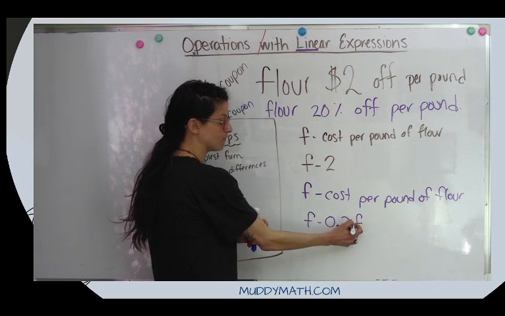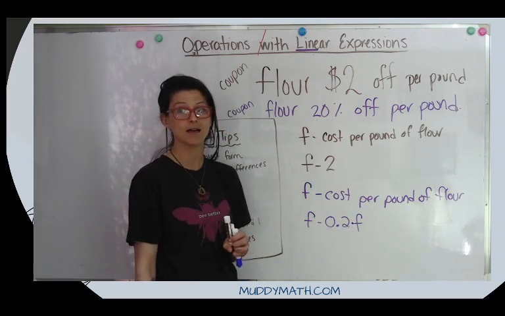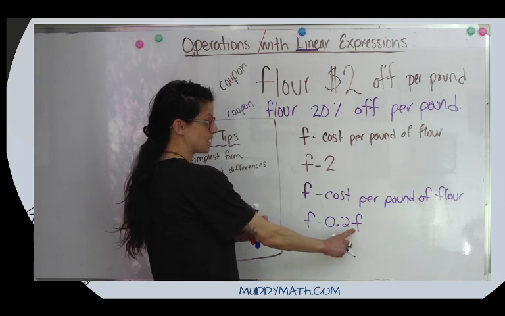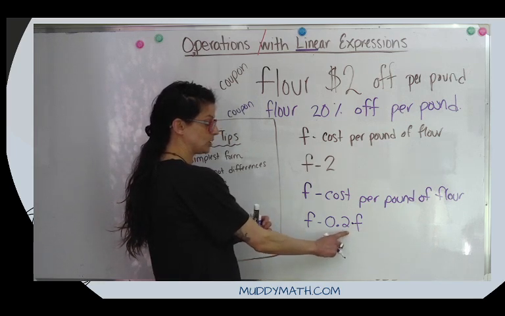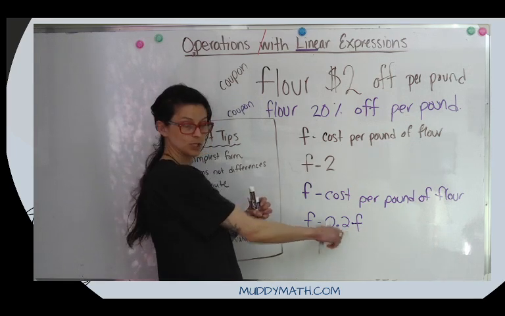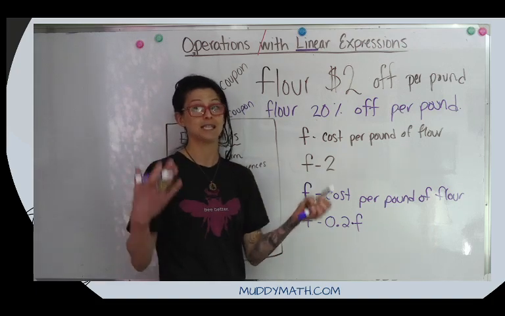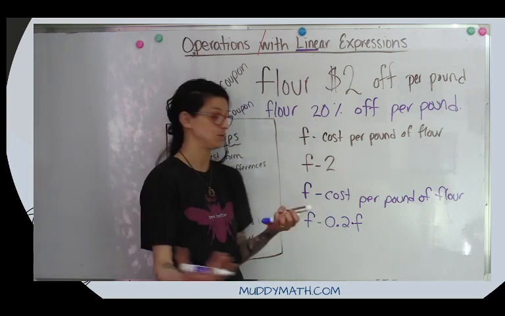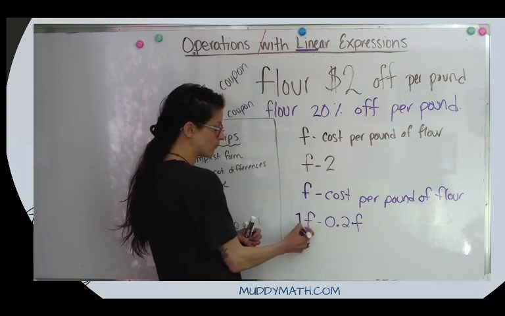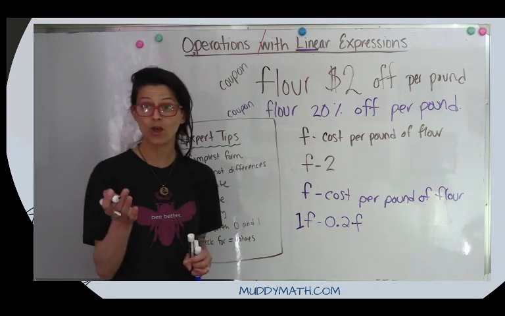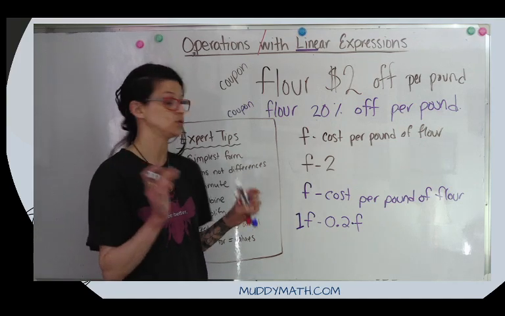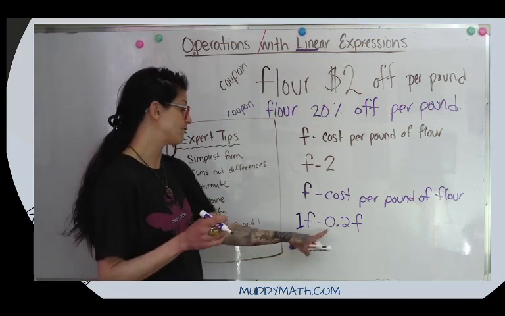Remember, the word of means multiply in mathematics. So 20% of the flour is 0.2 times the flour. 20% is the same as 2/10 as a decimal. 2/10 is the same as 20 hundredths. 20 hundredths is 20%. And then if we remember that we omit coefficients of 1, this is 1F. 1F minus 0.2F.